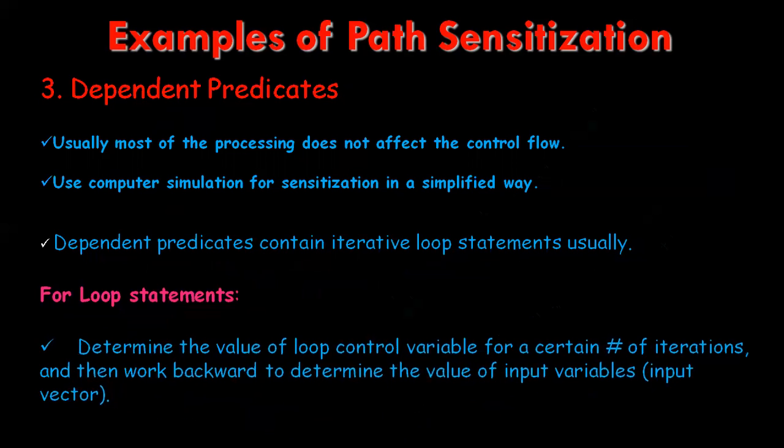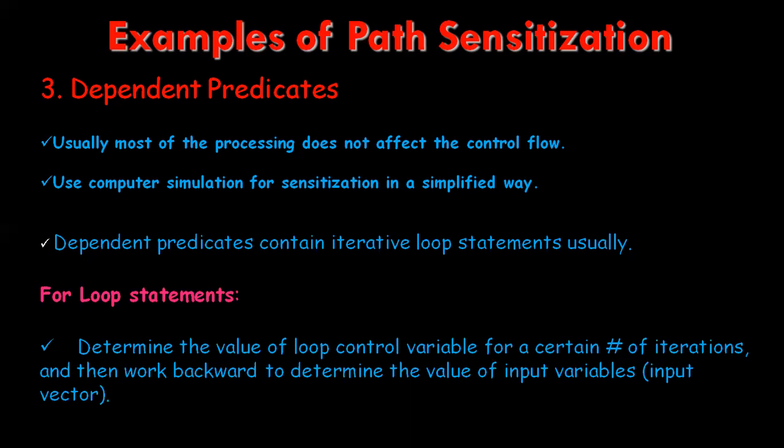The number of times the typical routine will iterate in a loop is usually determined in a straightforward manner from the input variable values. Consequently, it is usually easy to work backward to determine the input values that will force a loop to iterate the specified number of times.